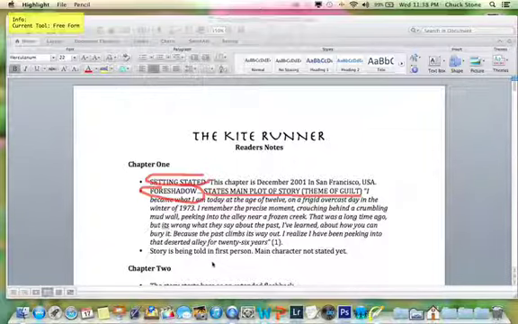Also, reflecting the narrator. The narrator is telling a story in first person and does not focus on a main character as yet.